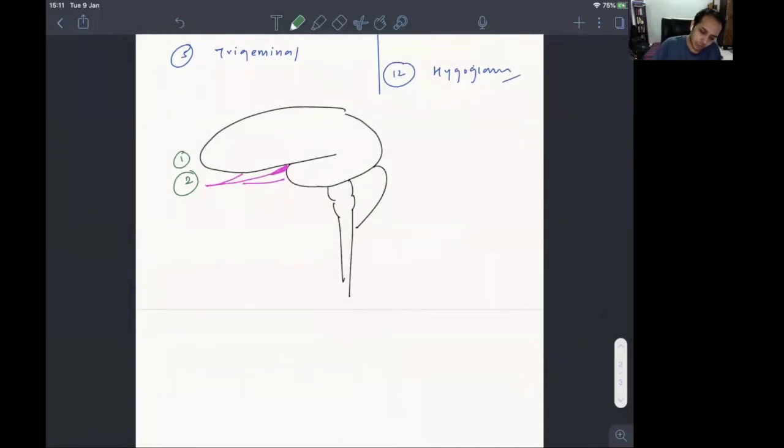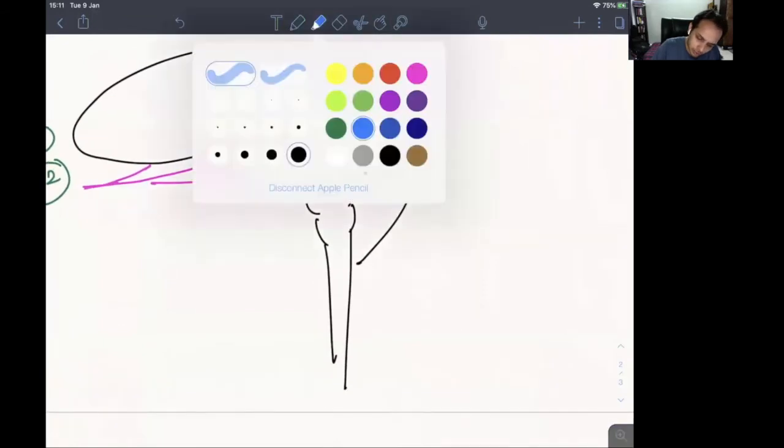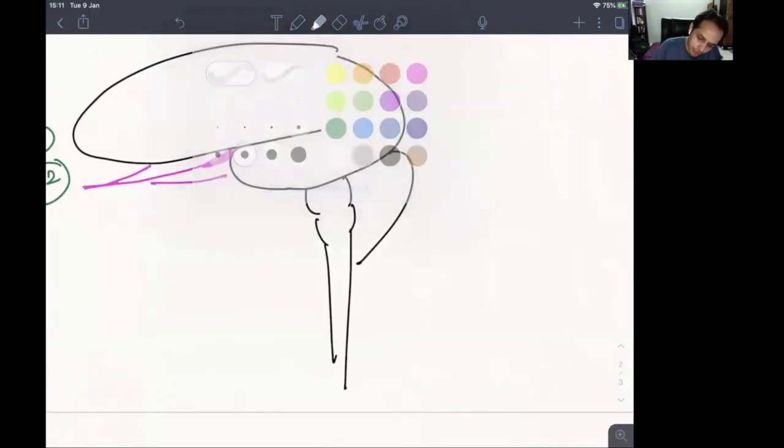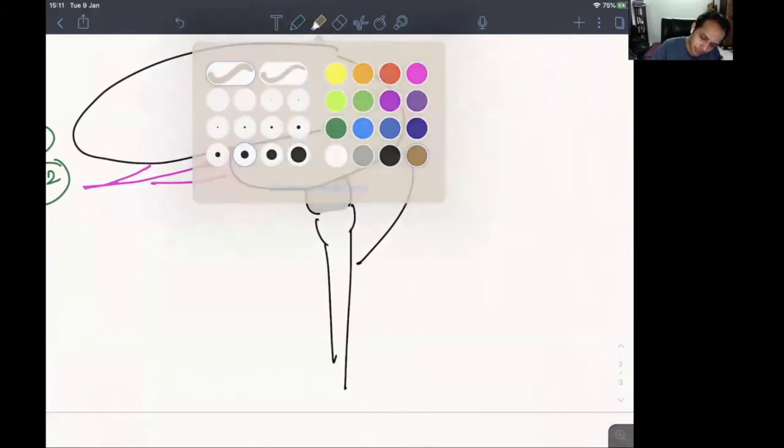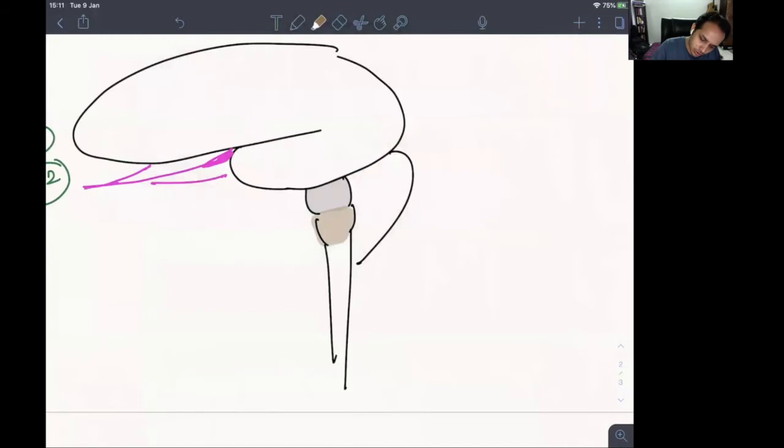So if we are to color the brainstem, and we say that this is the midbrain in gray, and this is the pons in brown, and say this is the medulla, then your third cranial nerve, that is oculomotor, will arise from the midbrain.